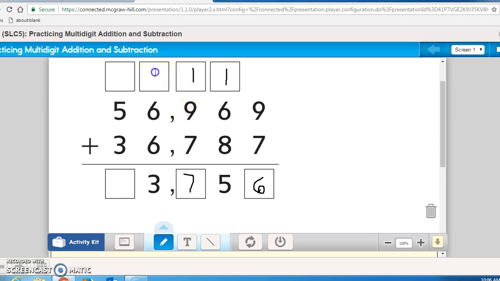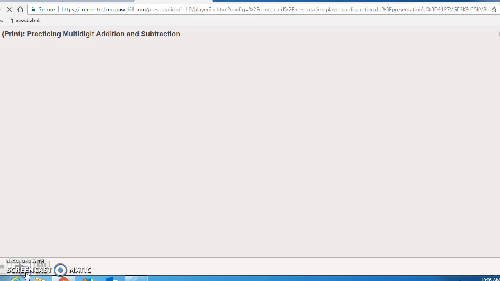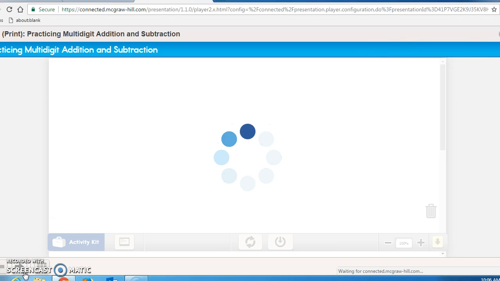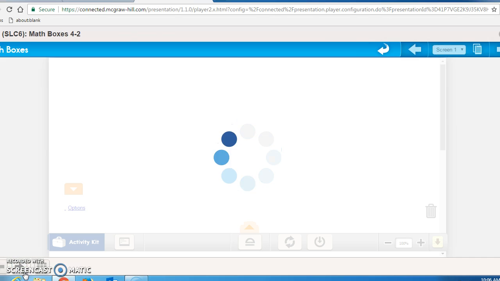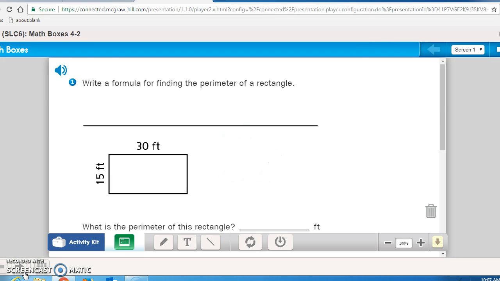I need to carry the 1 again. 6 and 6 is 12, plus 1 is 13, carry a 1, and 9. Please finish Math Journal, page 109. Bring it up to me to make sure that you did it correctly, and I'll correct it. And then the last thing you need to do for this lesson is Math Journal, page 110 and Math Masters, page 149.